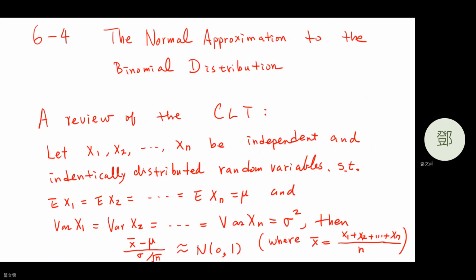Understand? So sigma square is the common variance of x1, x2, and xn. But here, it comes with no square, only sigma. And here it is the square root of n, which is the sample size.